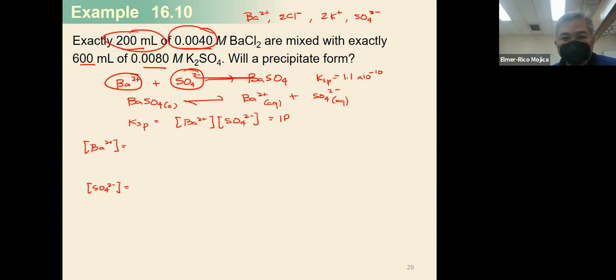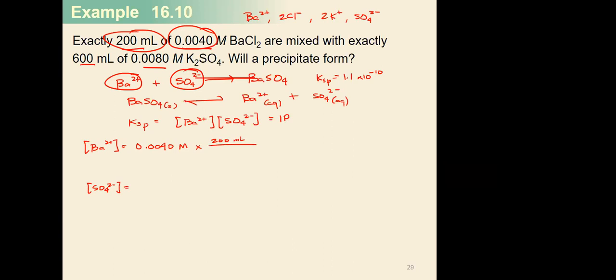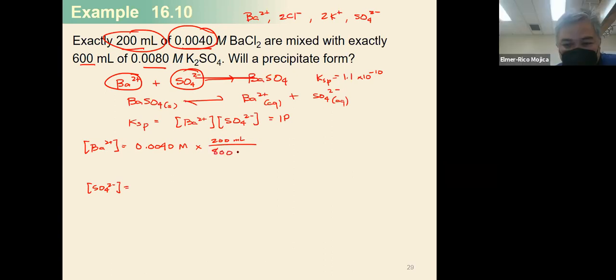For barium 2 plus, 0.40, and then what's the initial volume? 200 ml divided by the final volume. What's the final volume? 800. Everybody know where I get the 800?